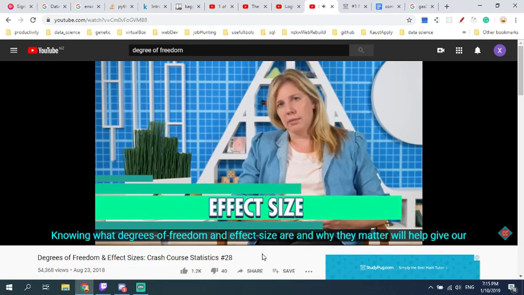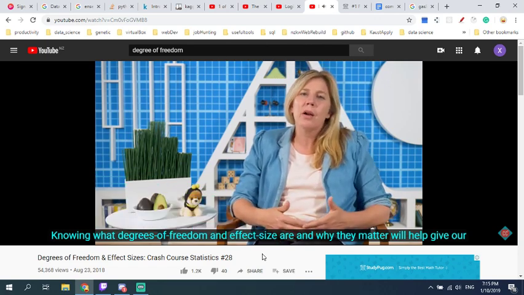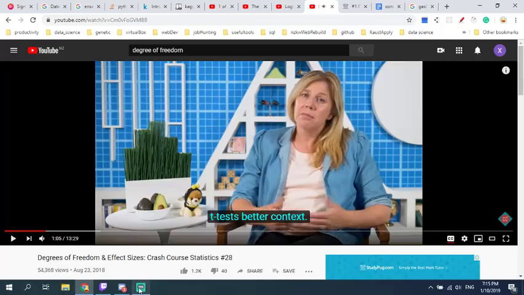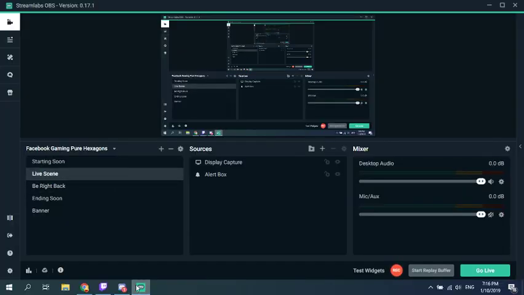Knowing what degrees of freedom and effect size are and why they matter will give our t-tests better context.